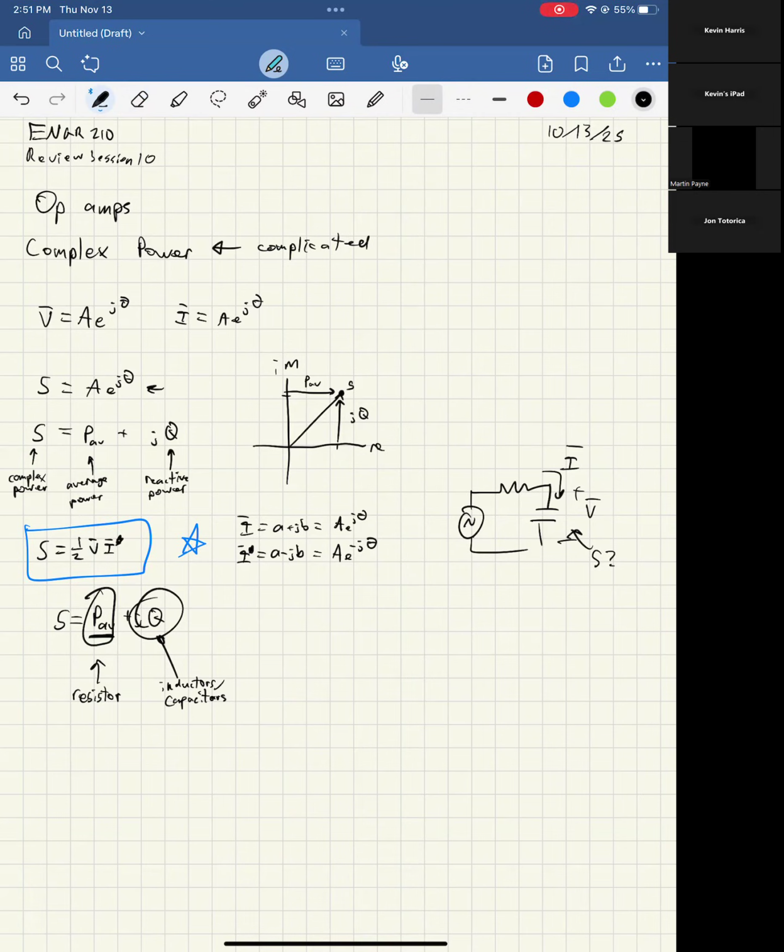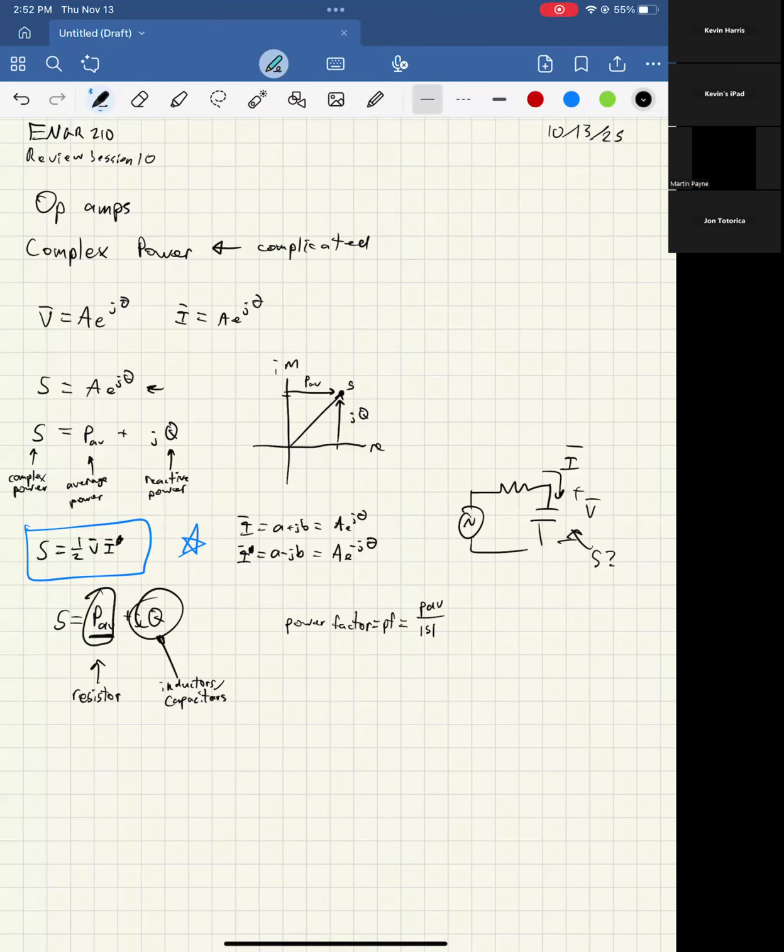Okay, then the other couple things are some other equations here. What is phi? Power factor, also written as PF, you can write it in a couple ways. It's either P average over the magnitude of S. You should always have a real average power, at least for a resistor or something.